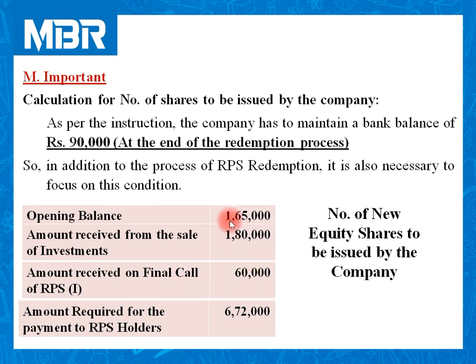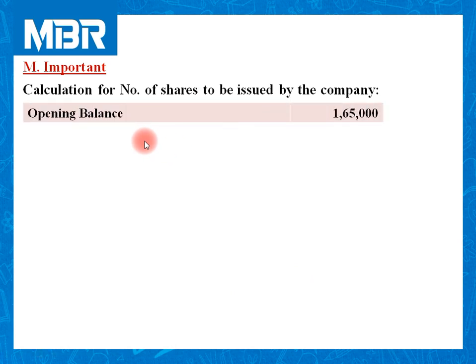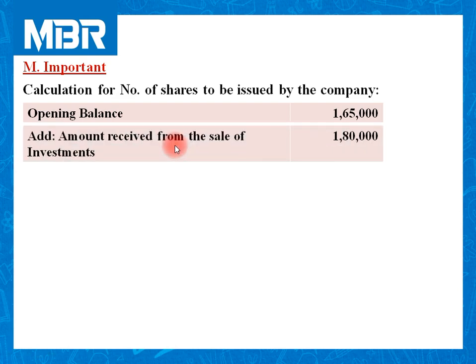So, in order to fulfill these conditions, we need to issue new equity shares in the required number. For this required number, we need to prepare a statement showing calculation of all adjustments related to the amount required. Opening balance available with the company, 1,65,000. Amount received from the sale of investment, 1,80,000.